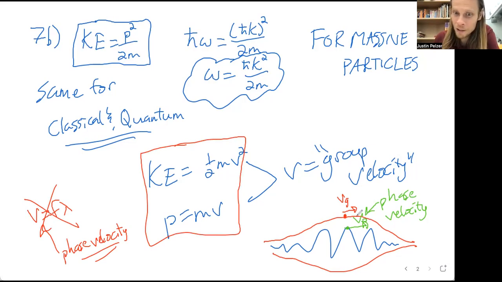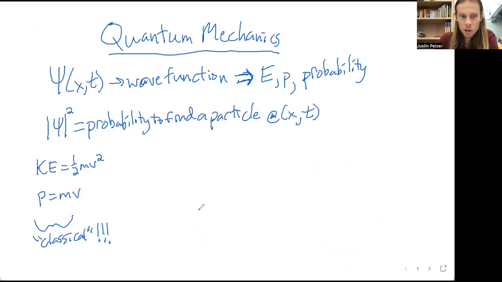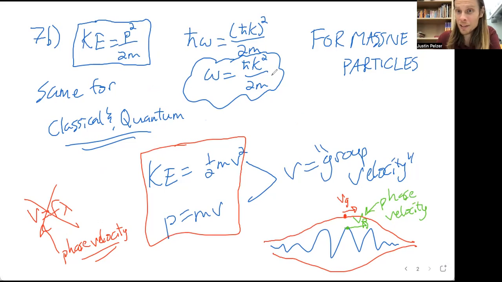That's the phase velocity, whereas this velocity is the group, the particle itself moving, which is a combination of many different sine waves, as we saw in class. So these are group velocities and still match the classical, which I think is interesting. Please, for 7b, comment on this.